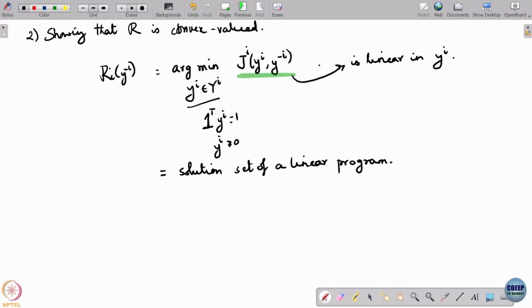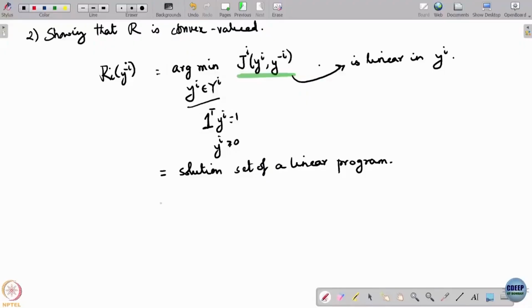Now, what do we know about the solution set of a linear program? If there are two solutions to a linear program, then the entire line segment joining them is also going to be a solution. Which means that if you have 2 points in Ri of y minus i, then every convex combination of those 2 points is also in Ri of y minus i.